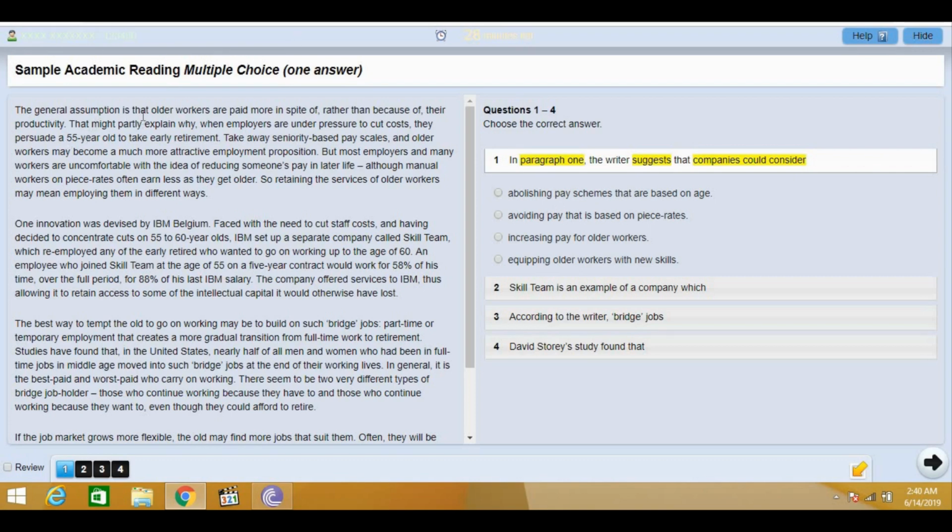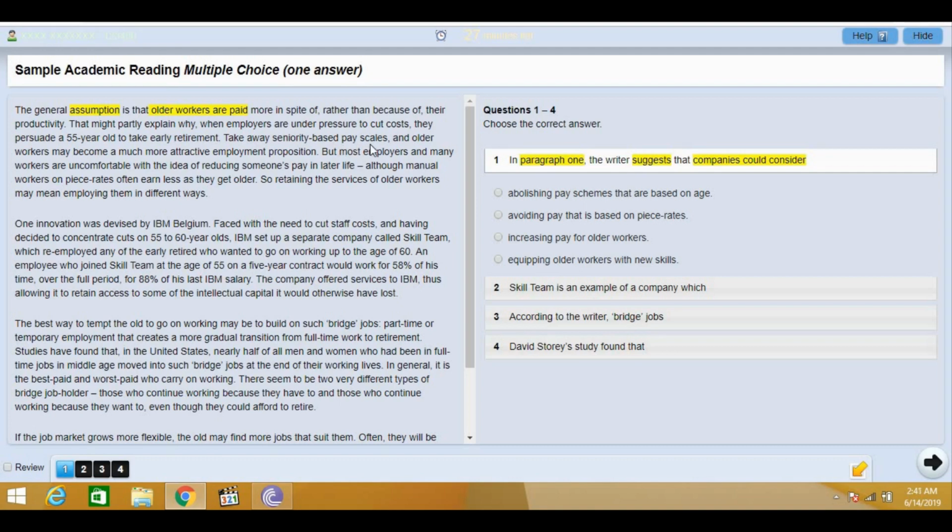The general assumption is, this is kind of an assumption here, general assumption, that older workers are paid more in spite of rather than because of their productivity. Then we understand this about paying older people, and that might partly explain why, when employers are under pressure to cut costs, they persuade people to take early retirement.